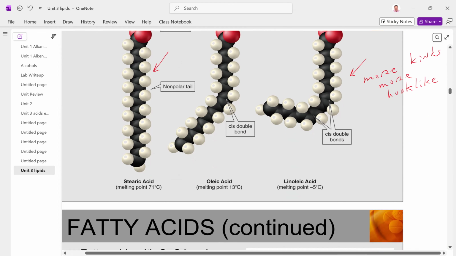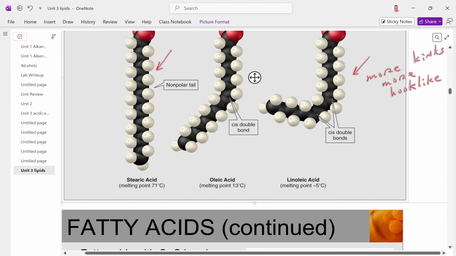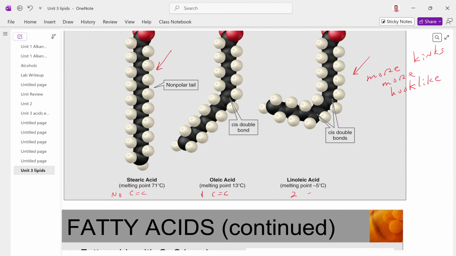So we have stearic acid, no double bonds. Oleic is one. Linoleic is two. And linolenic is three.